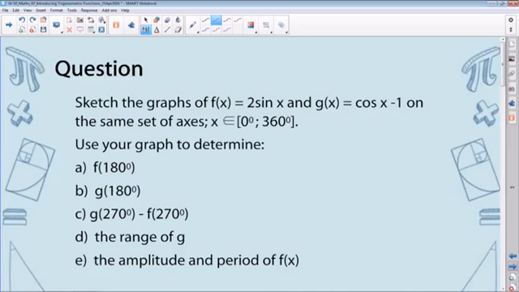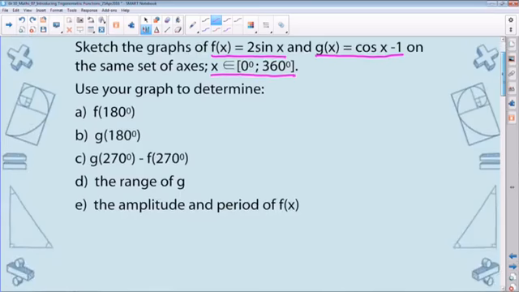Sketch the graphs of f of x equals 2 sine x and g of x equals cos x minus 1 on the same set of axes for the domain of 0 to 360 degrees. Okay, so that is actually the first part of our question.